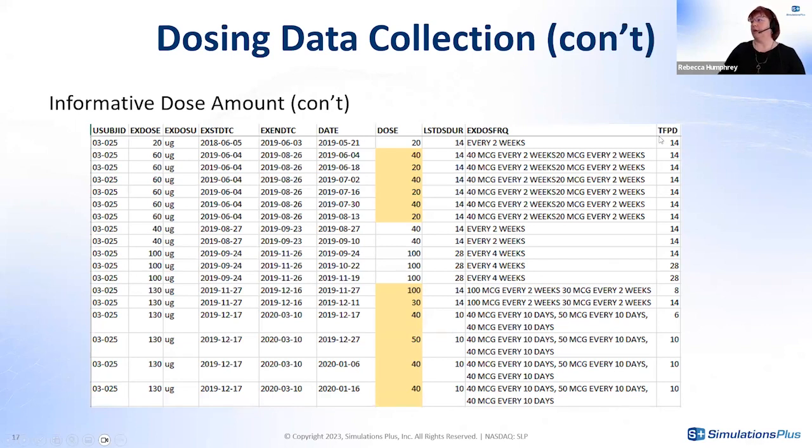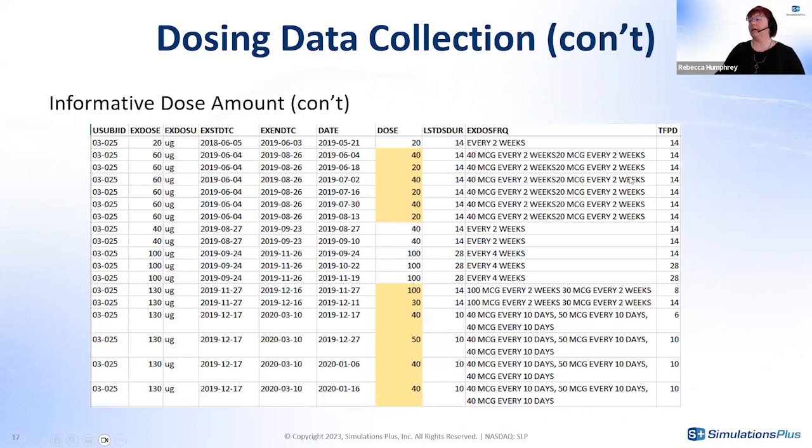In this example, you also see a time from previous dose calculated. And this is an easy calculation to do in order to assist the creation of individual doses. One of the challenges with expanding doses within a date range is you may end up creating overlapping doses between these date ranges.